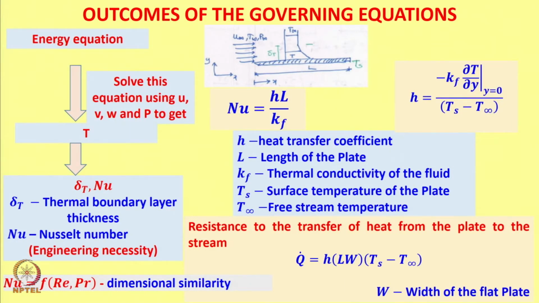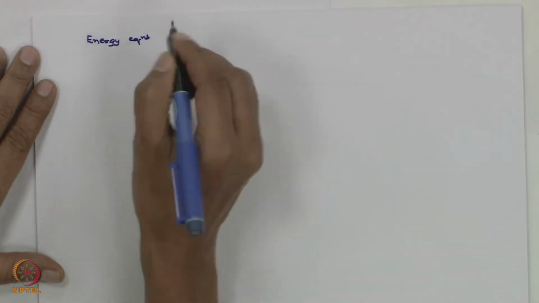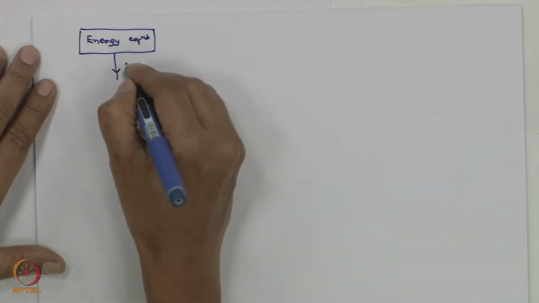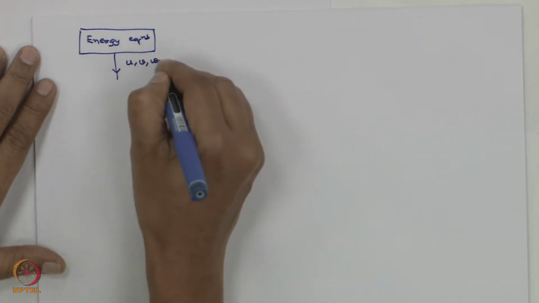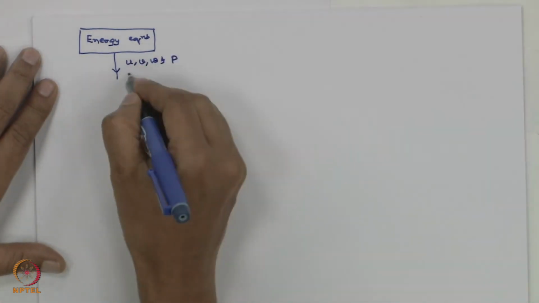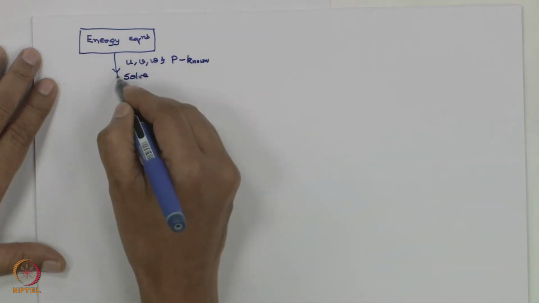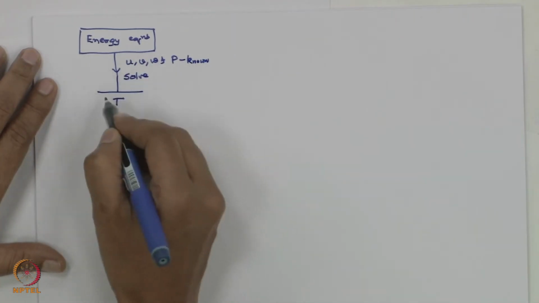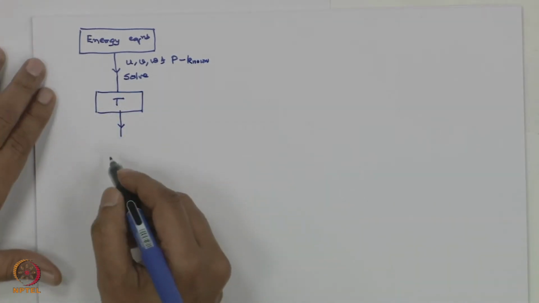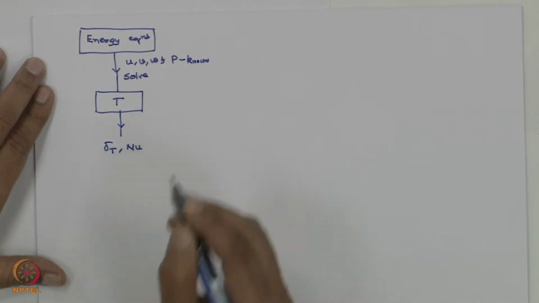What is the outcome of the energy equation? Remember you have already solved and gotten u, v, w and p from the momentum equations, and now you solve the energy equation. What is it that you are going to get? Temperature. From the temperature you are going to get delta T and the Nusselt number.